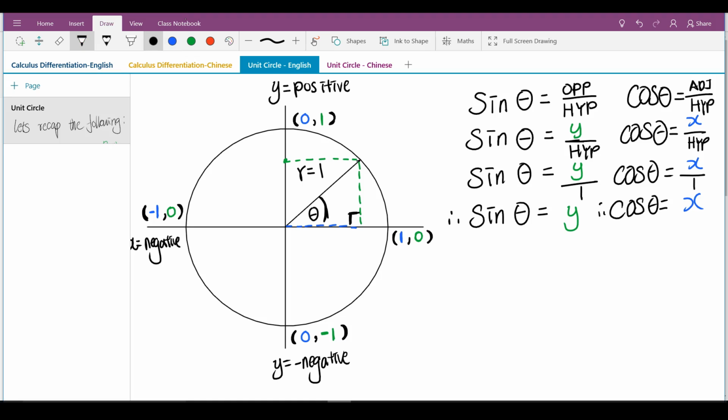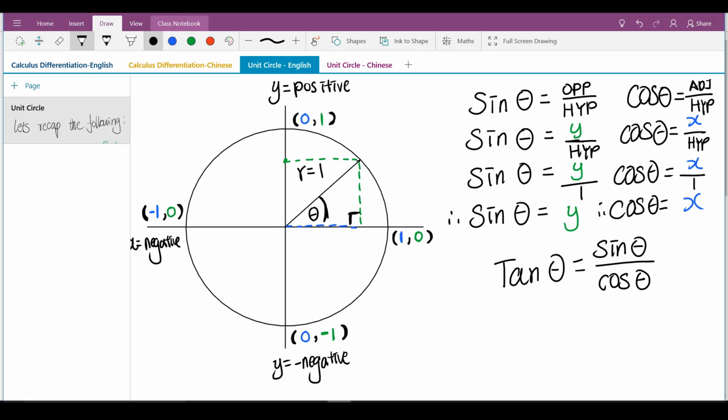And we know that tan theta, another identity, tells us that tan theta is actually equal to sine theta over cos theta. Correct? And now we found an expression for sine theta, which is y, and for cos theta, which is just x.